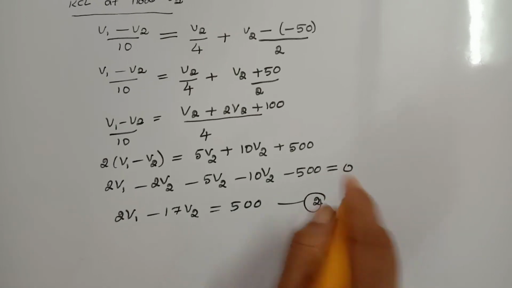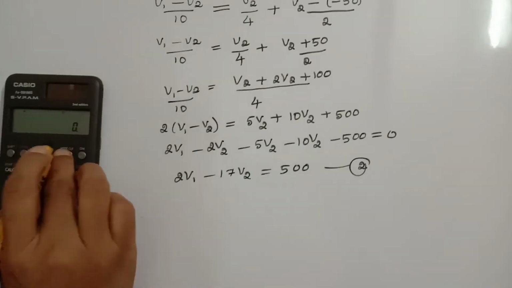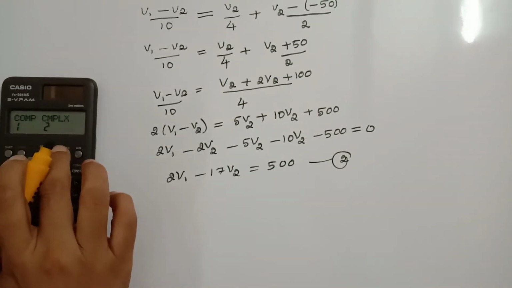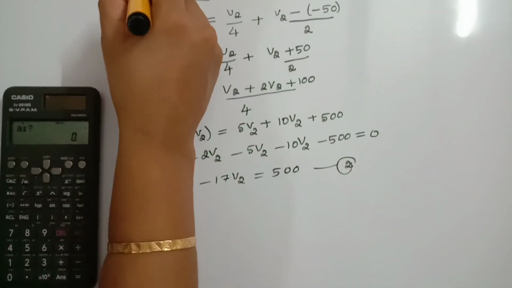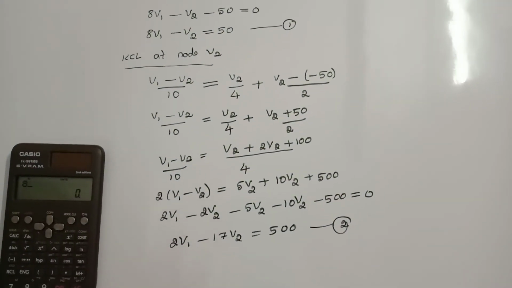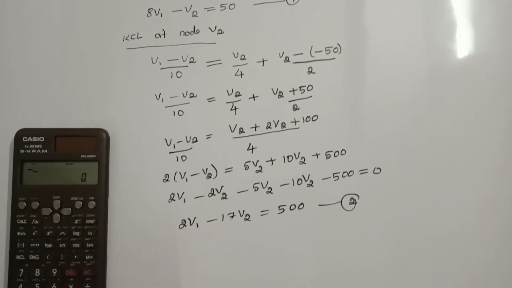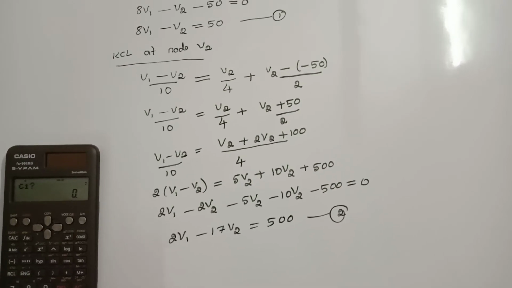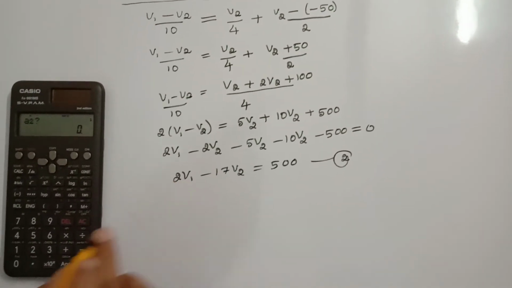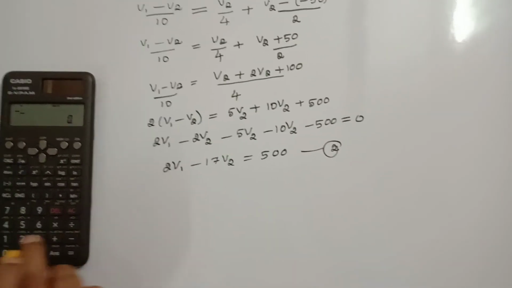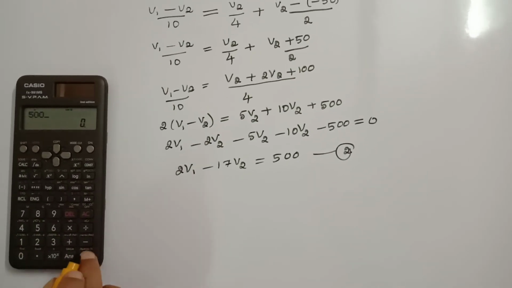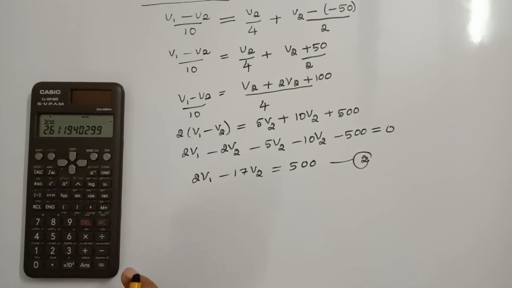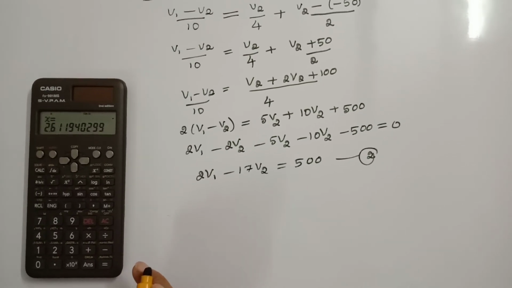Now we'll solve both the equations. So first equation coefficients are 8, minus 1, the constant 50, second equation 2, minus 17, 500 will give the voltage V1.